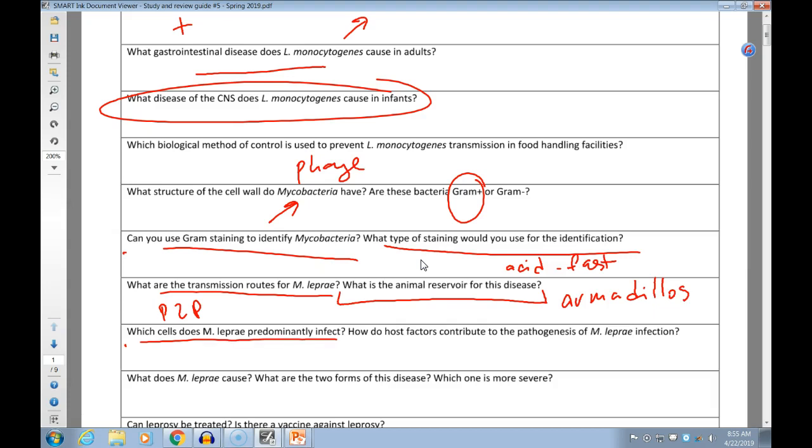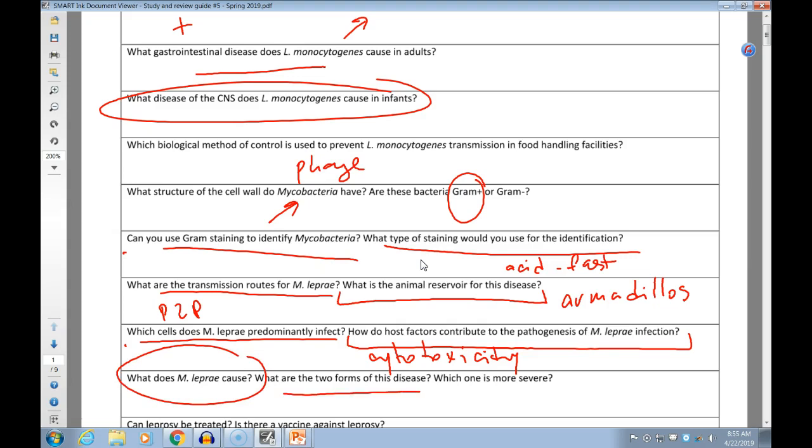It infects macrophages, and cytotoxic cells like CD8 cells or macrophages contribute to the pathogenesis. They lead to formation of granulomas and destruction of the connective tissue. Mycobacterium leprae causes leprosy.